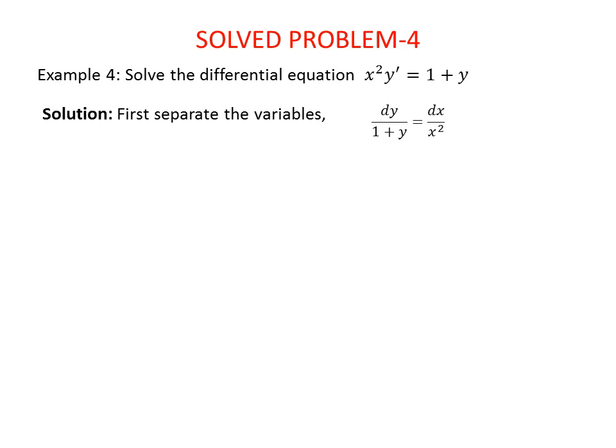Now the variables are separated. If we take the integral on both sides, on our left hand side there is the function 1 over 1 plus y, and on our right hand side the function is 1 over x squared.